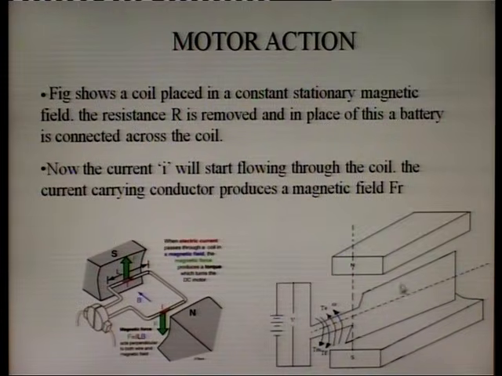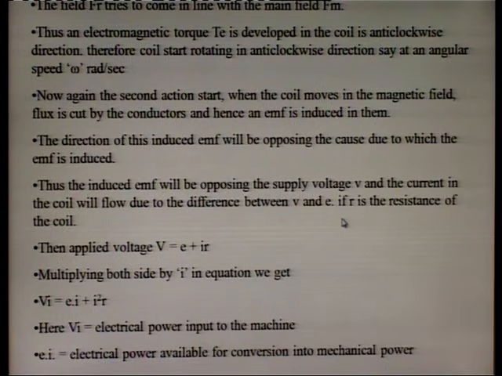The direction of this induced EMF, due to flux cutting, will be opposite to the applied input voltage. So now the current I will start flowing through the coil. The current carrying conductor produces a magnetic field Fr. The field Fr tries to come in line with the main field Fm. Thus an electromagnetic torque Te is developed in the coil in the anti-clockwise direction.